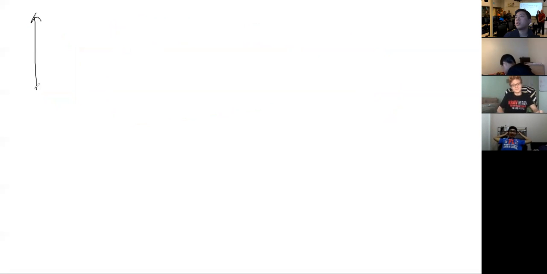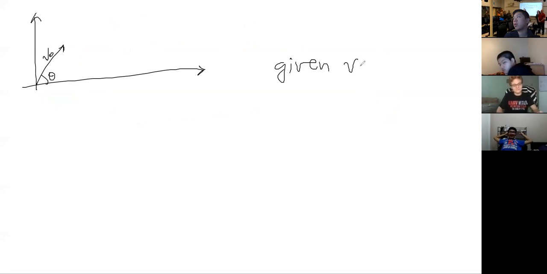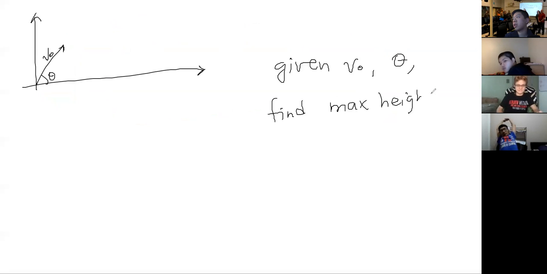So I guess as a parting exercise, given v0 and theta, find the max height and range in terms of v0 and theta.